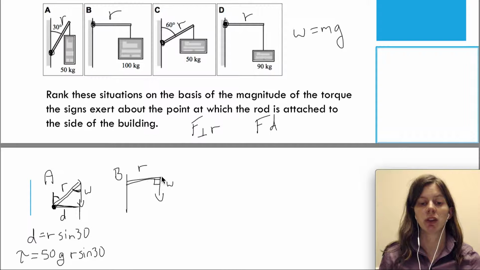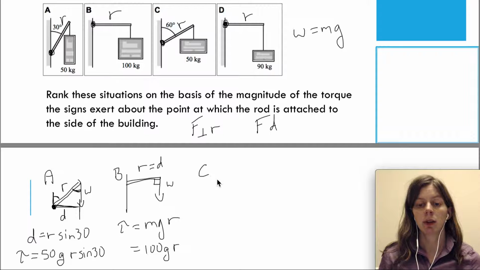This r is the shortest distance to the force line, so r equals d, force equals force perpendicular. You can use either definition. So the torque is going to be the force, mg, which is already perpendicular, times the distance r. So the mass this time is 100, so it's going to be 100 g times r.